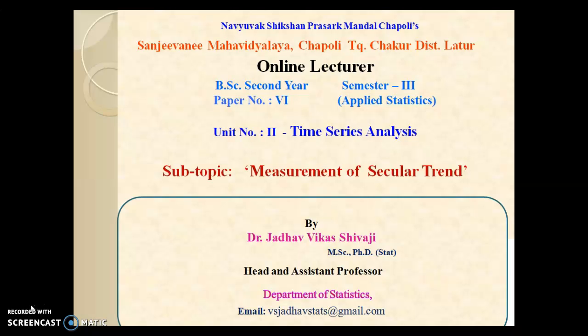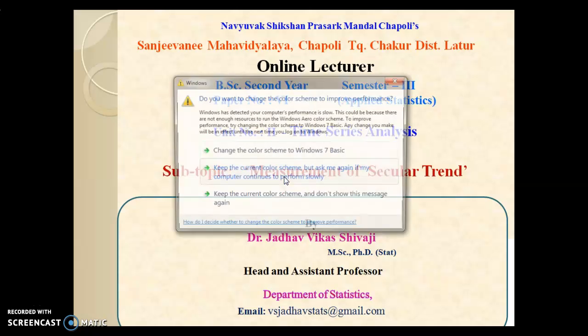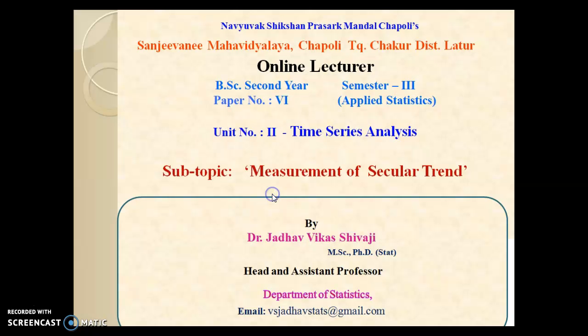We already discussed in the last two or three lectures the different components of time series, that is secular trend or simply trend, seasonal variation, cyclical variation and irregular variation. Based on these four components, we analyze the time series.